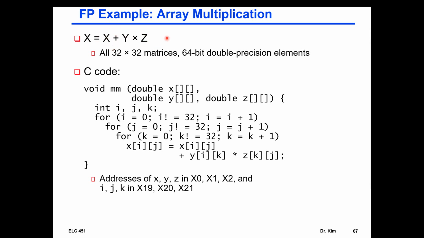Essentially, this is what is called a MAC, a multiply, accumulate, because clearly you're putting the result in X, which is acting as an accumulator in this case. Additionally, we're giving the information that the addresses of X, Y, and Z, the pointers, are in these integer registers, and that the values of I, J, and K are in these integer registers.